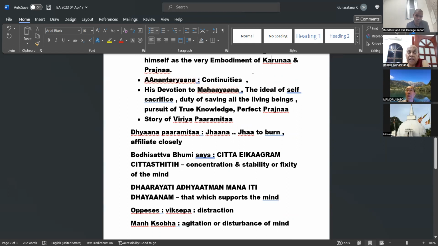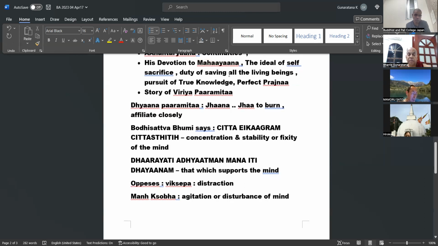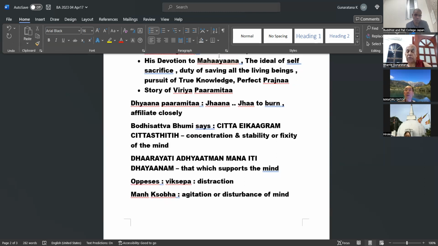Devotion to Mahayana, ideas of self-sacrifice, duty of saving all the living beings, and acquiring true knowledge and cultivating to the peak of prajna. Then the last is today, a little bit of introduction to the next paramita, Dhyana. We have left only 2 paramitas to be discussed, hopefully. By next week, we can finish it.